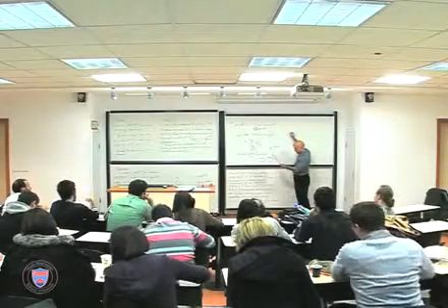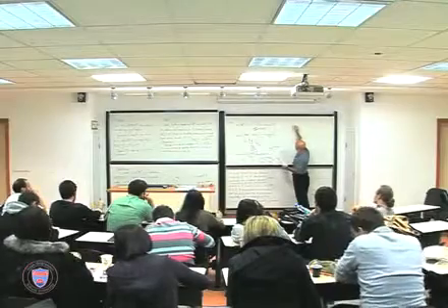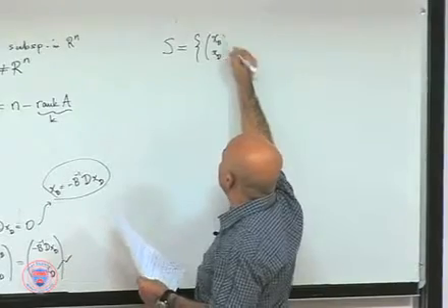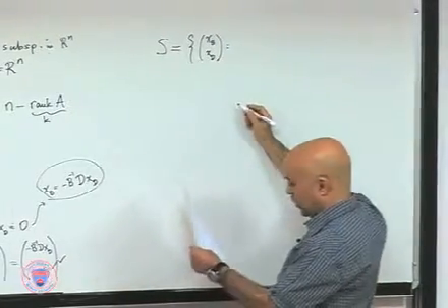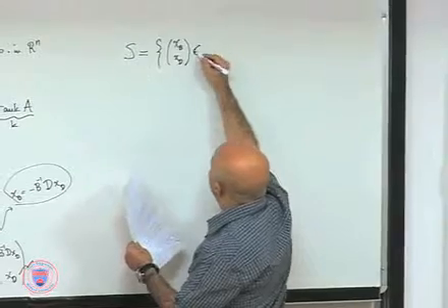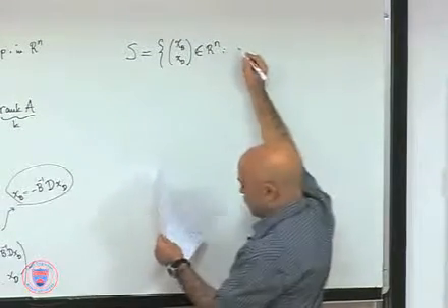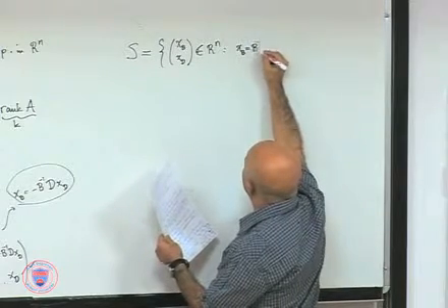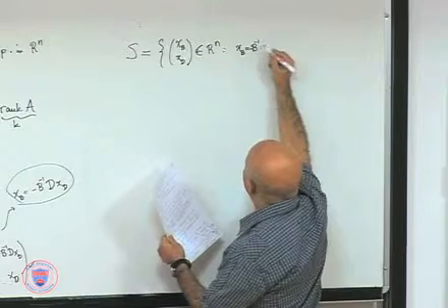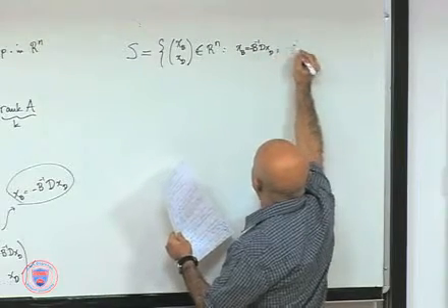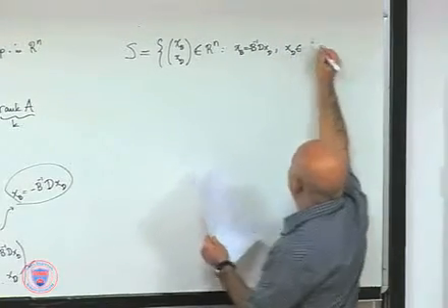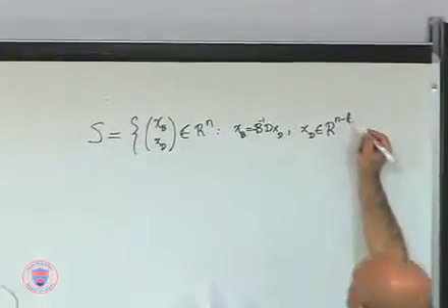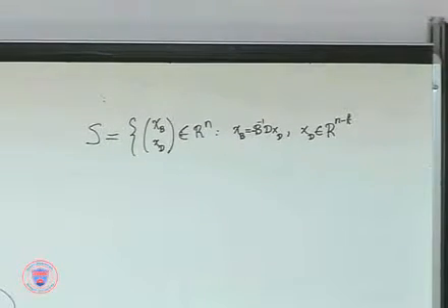So the set under consideration S in this case is the kinds of vectors, say XB, XD, in n dimension, where XB is defined by minus B inverse D XD. XD is free. It's any vector in R to the n minus k. Okay, XD has n minus k components in it.